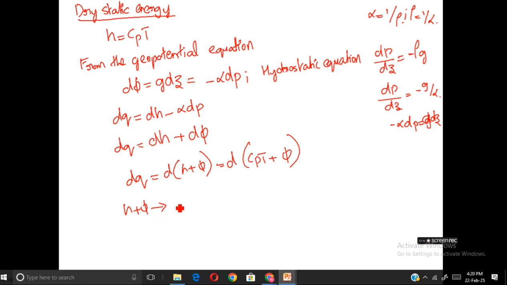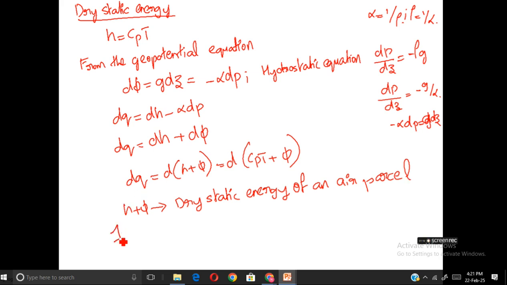This quantity, h plus phi, is known as the dry static energy of an air parcel.